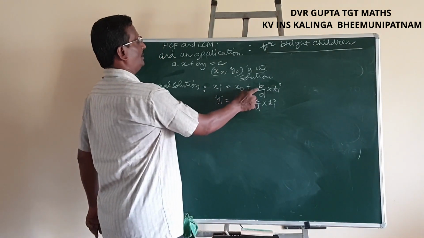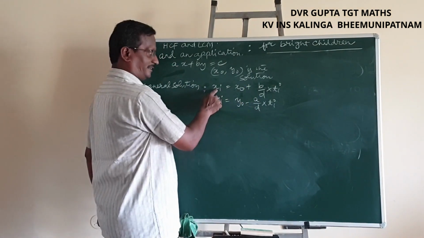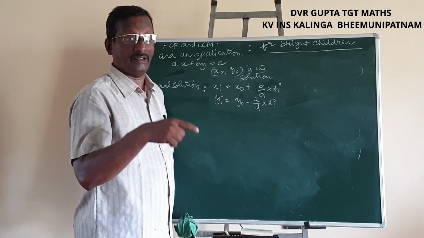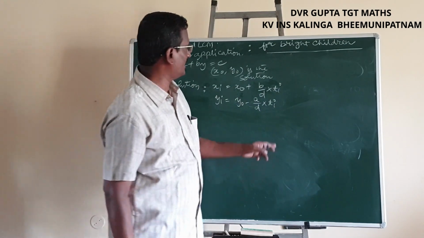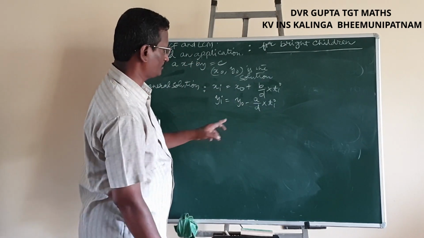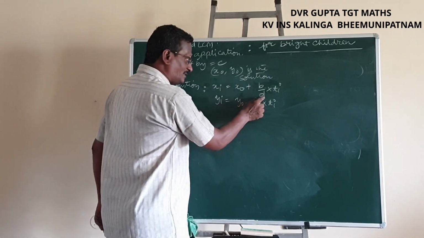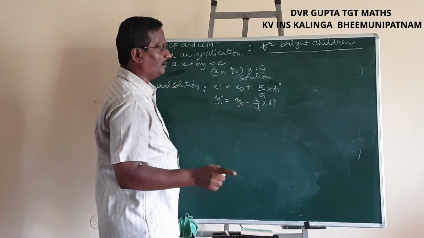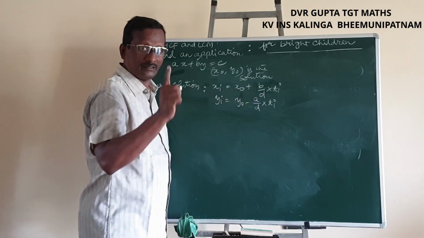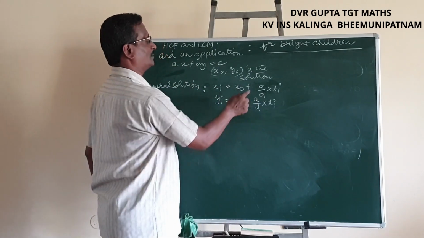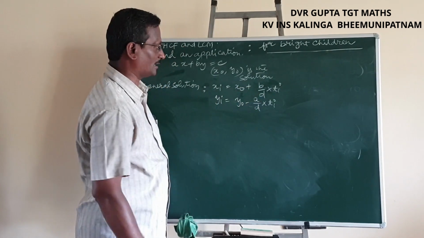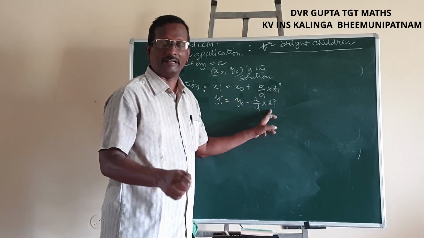Here b is the coefficient of y, and d is the HCF of a comma b, where a and b are the x coefficient and y coefficient of the equation. Therefore d divides a and d divides b successfully. That means b by d is an integer, a by d is also an integer.